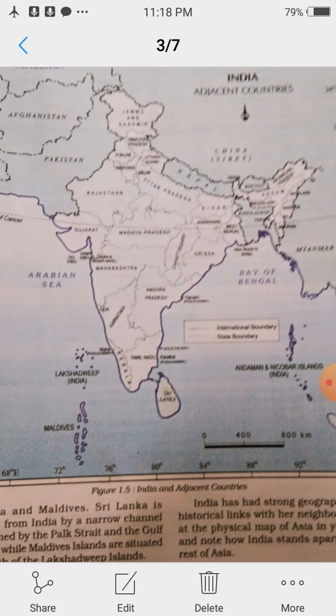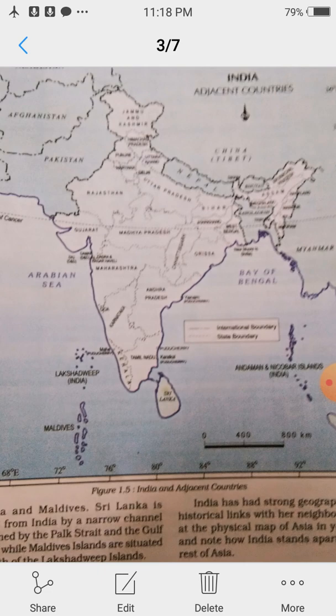is 7,516.6 kilometers. India is bounded by the young fold mountains in the northwest, north and northeast. South of about 22 degrees north latitude, it begins to taper and extend towards the Indian Ocean, dividing it into two seas, the Arabian Sea on the west and the Bay of Bengal on the east.